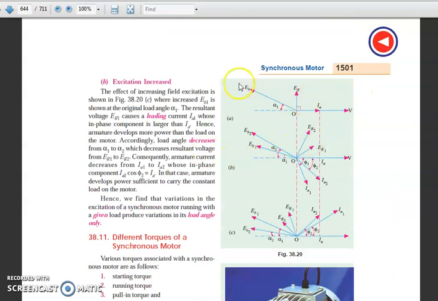If I assume that my load is constant and it is under normal excitation, that means EB, the back EMF, equals the supply voltage. In that case, what will happen?